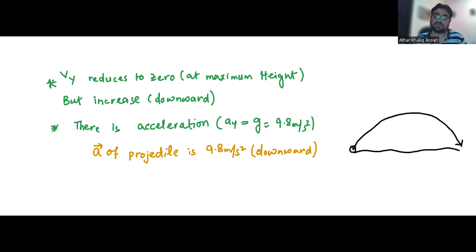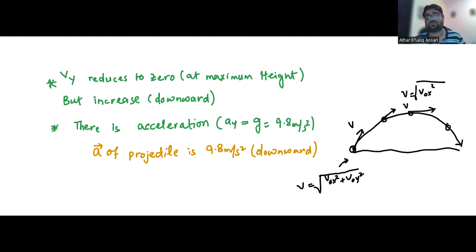The total velocity v at any point, either it is the peak or something, is the square root of v naught x squared plus v naught y squared, because when you find the two components and add them, this is the way to find it. As v naught y reduces, v will be less here, but at this point there is no vertical component, so v is equal to the square root of v naught x squared plus 0 squared. So v is equal to vx totally, and as it goes down, it will start increasing again.